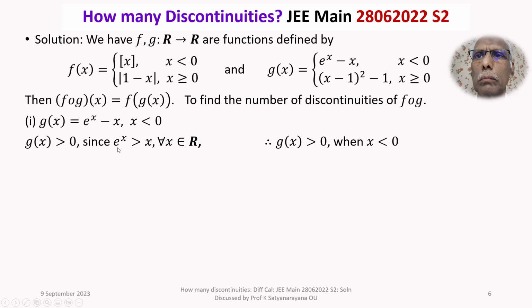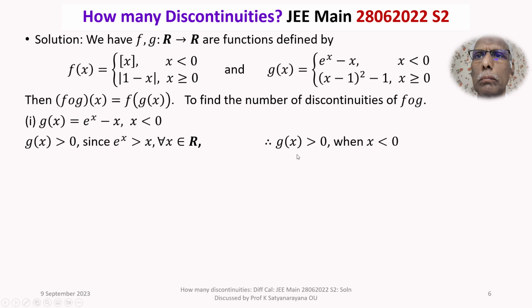So that will tell you e power x is greater than x for all x belongs to R. Therefore, e power x minus x will be greater than 0 for all x belongs to R. Therefore, g of x is greater than 0 for all x belongs to R. So it is also true for all those x when x is negative. So g of x is positive when x is negative.